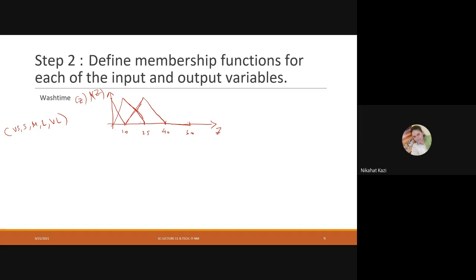Then short, medium, long and very long. Now you have to write the equations for each of these. So we'll write the equations for the wash time.